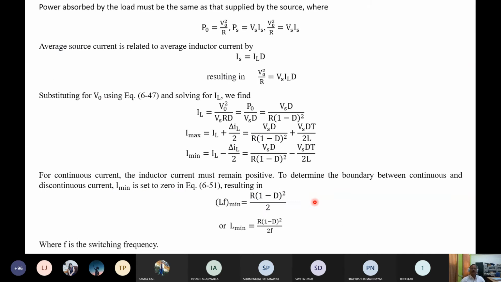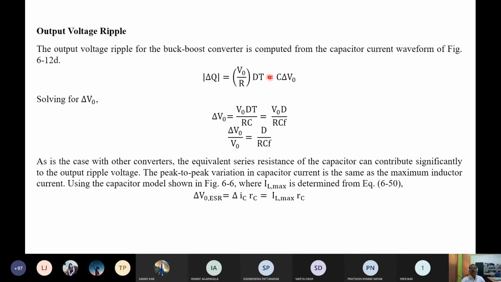That area is V naught by R into DT. That rectangle is C del V naught, standard formula. So solving for del V naught is equal to V naught DT by RC, which is V naught D by RCF. This will give you the value of C.